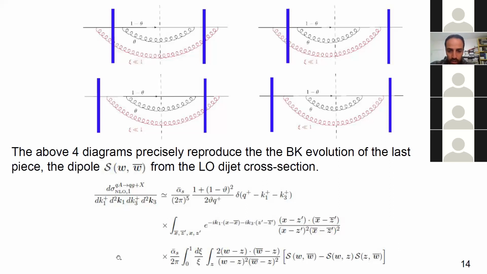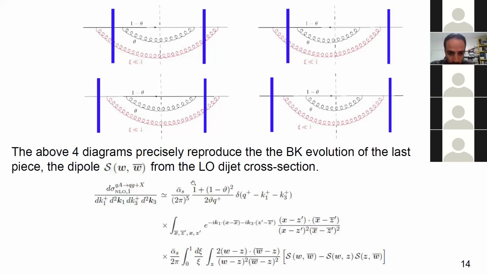What you can see here is that you immediately recognize that the bottom of the slide is just the BK evolution of the dipole. So this is BK acting on a dipole. And the first lines are just the leading order result which I showed you.